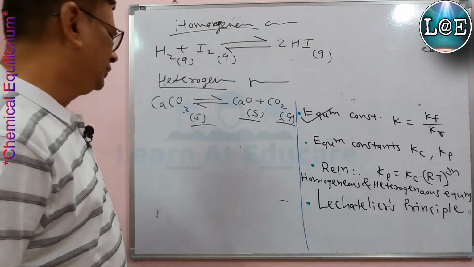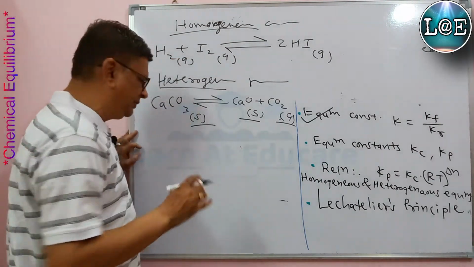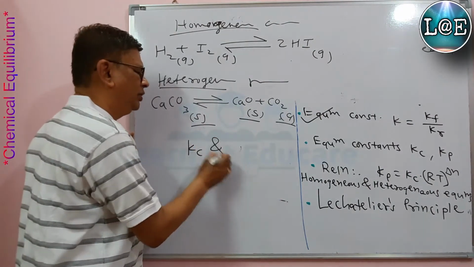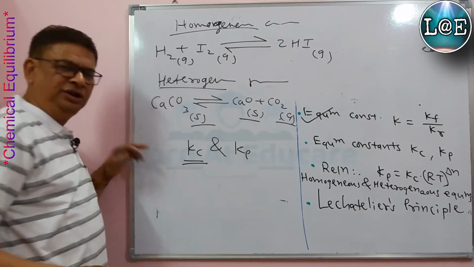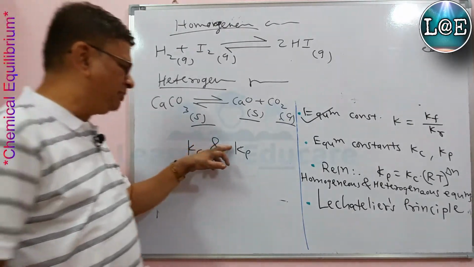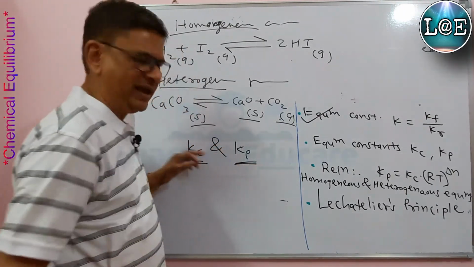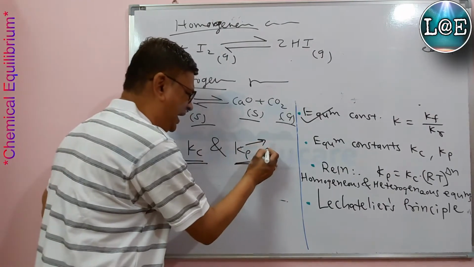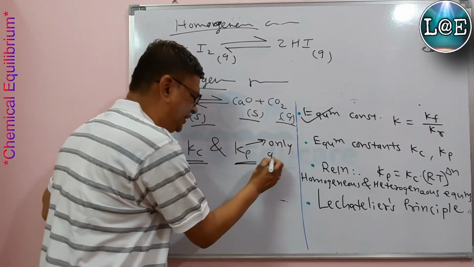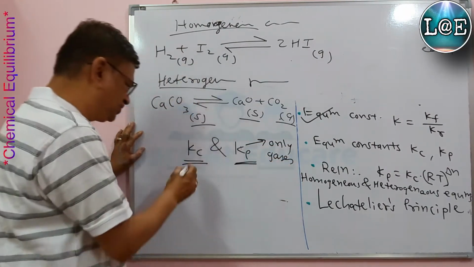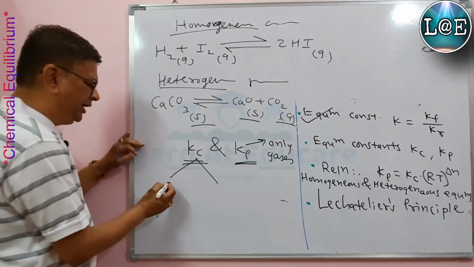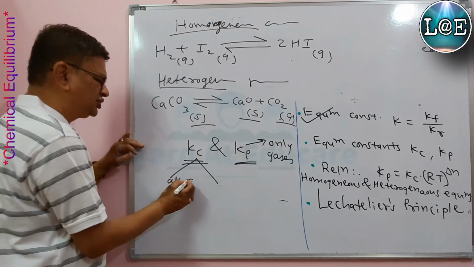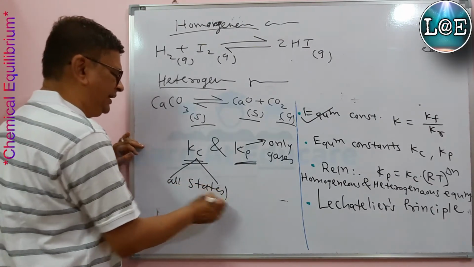Now remember, equilibrium constants are of two types. One in terms of concentration, denoted by Kc, and one in terms of partial pressure, denoted by Kp. Partial pressure is only considered for gases, while the concentration term is taken for all states, that is solid, liquid and gas.